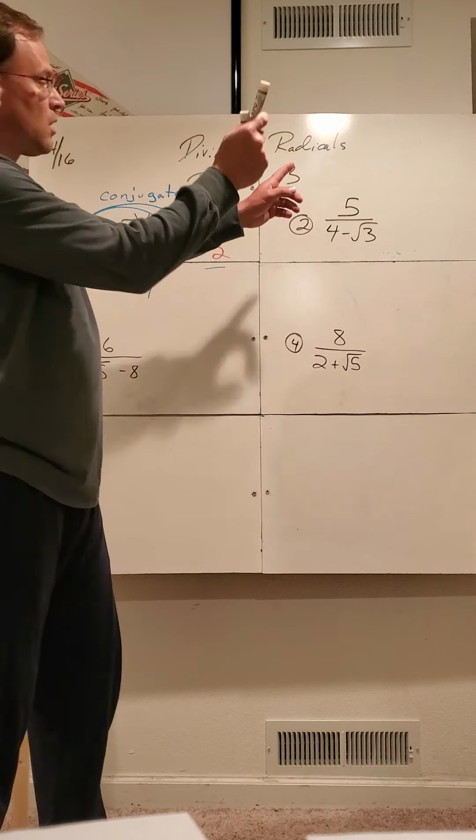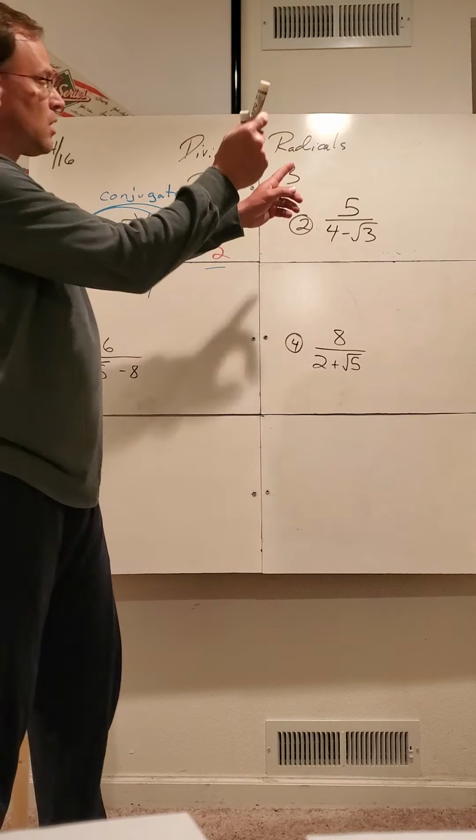Number 2. Again, go back to this relationship. 3 minus root 2, 3 plus root 2. So I look here, I got 4 minus root 3. What conjugate will I need here to make the magic happen? Yeah, there it is. 4 plus the square root of 3.